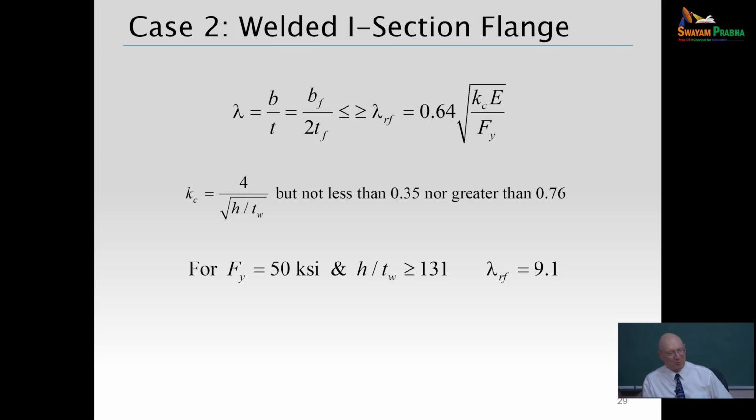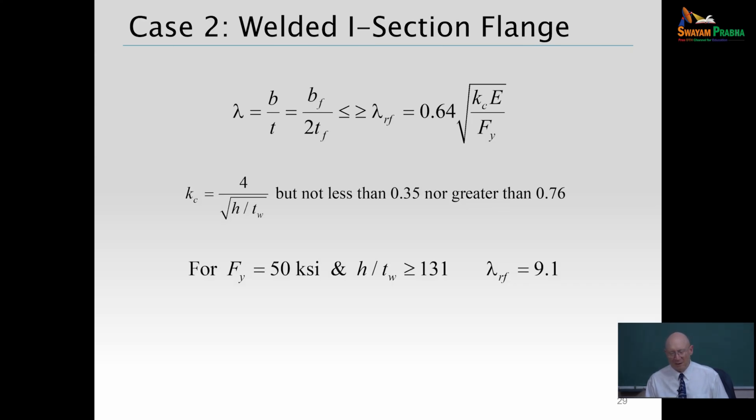So if it's a 3-plate welded I section, then we use a different equation because there the web thickness can vary quite significantly depending on what the application is. And so there's a term there that's referred to in the American Standard as K subscript C, that is, we calculate it as 4 divided by square root of H over TW.